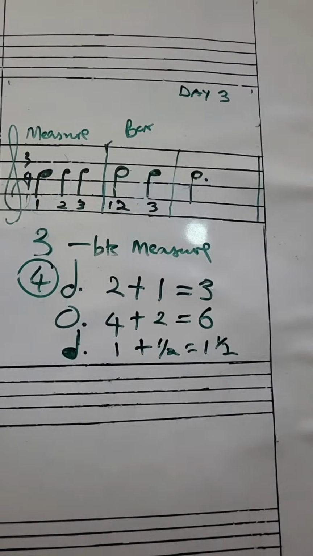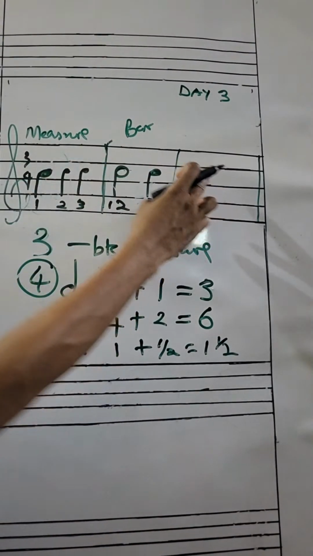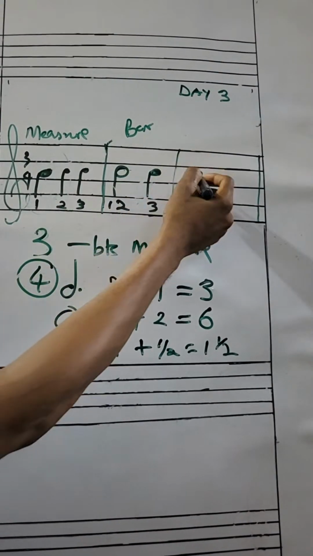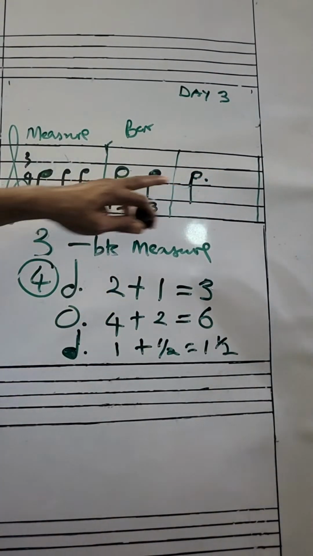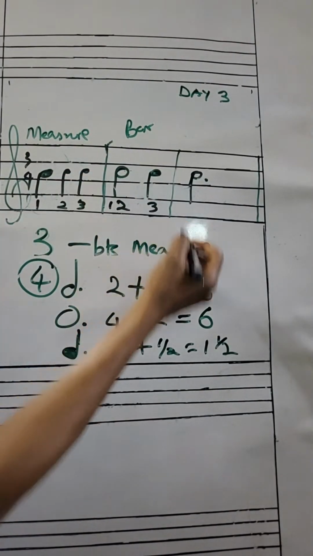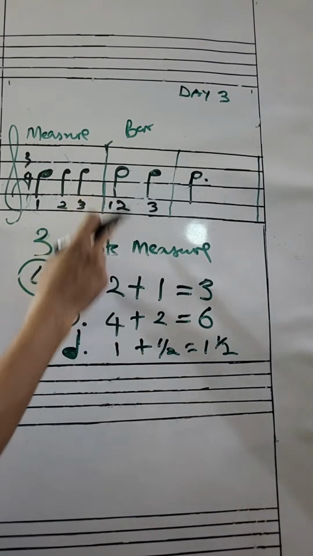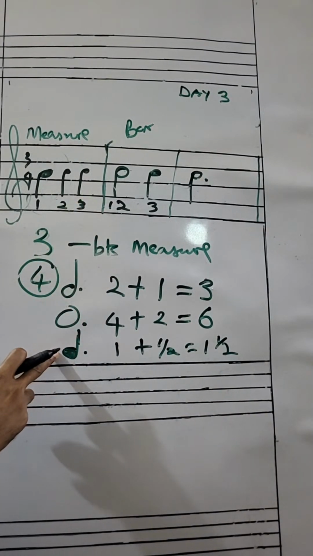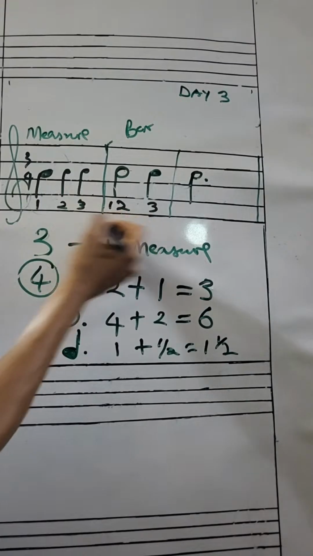So a dot placed after a note adds half the value of that note. If we see a dotted note, just like we have in the last bar, it's a dotted half note. We established that since your quarter note is taking 1 count in this time signature, your half note takes 2 counts. So in each bar, we are supposed to have 3 counts.